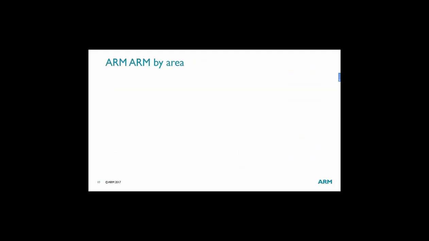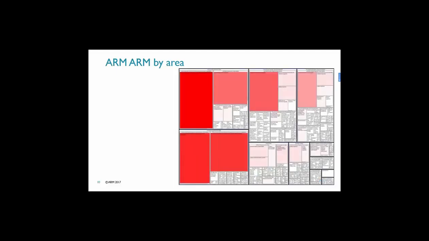Let me illustrate what the contents of the ARM is by area. This is a histogram of it. I don't expect you to read that, but I'm going to highlight some areas. The area represents number of pages. That glob there that I've highlighted is the A64 instruction set, our 64-bit instruction set. There are still 32-bit encodings, but that's a 64-bit architecture. That's the 32-bit architecture, the v7 legacy architecture.